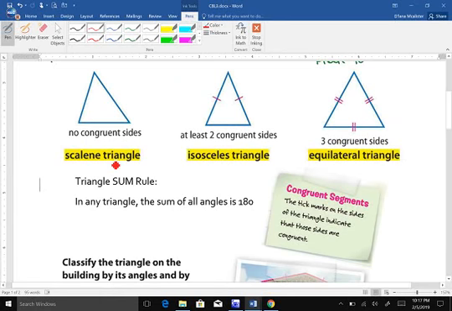Scalene triangles means that all sides are different. Isosceles means it has two sides that are the same.